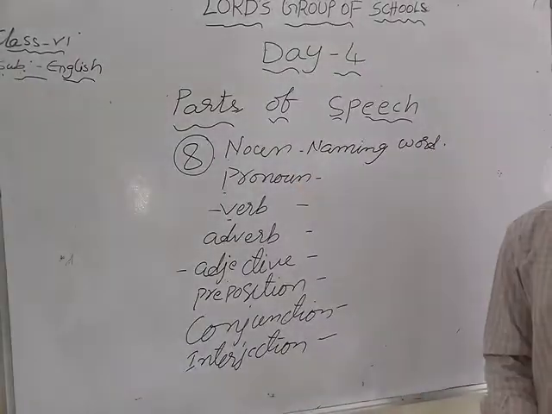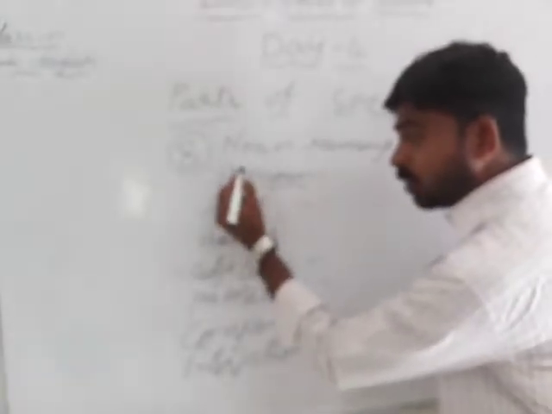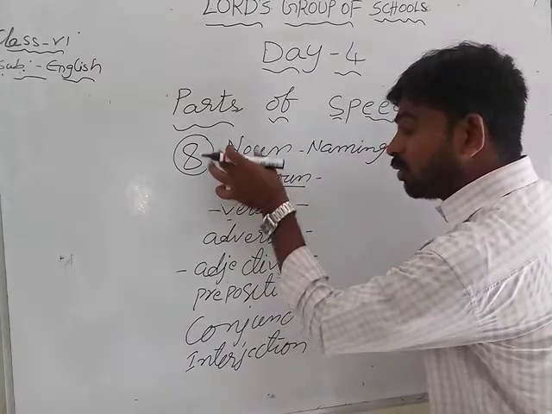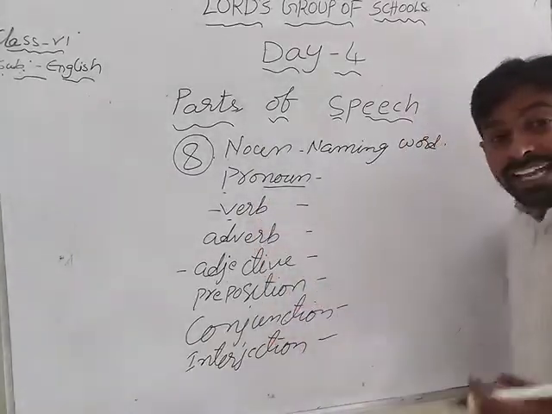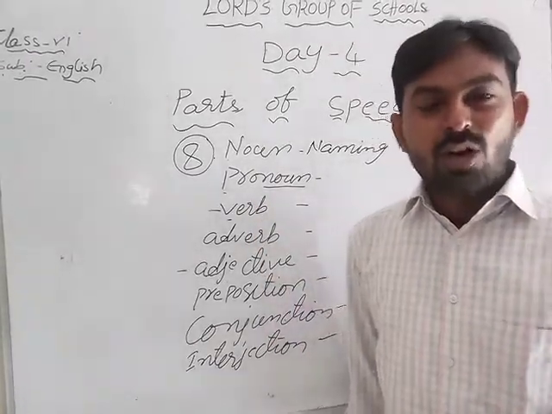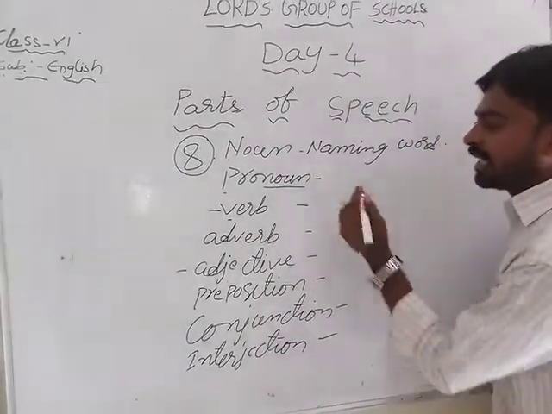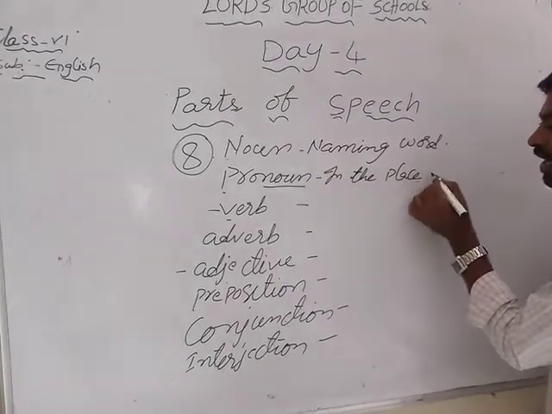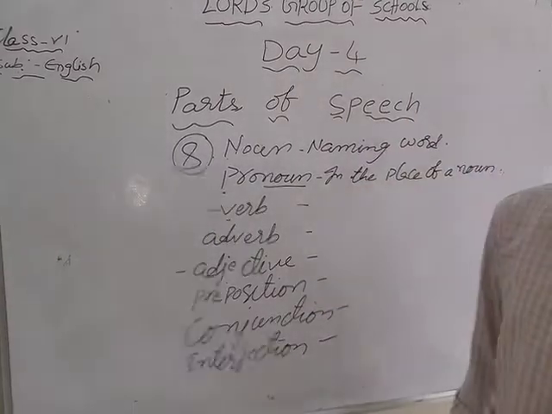Now pronoun: pro is added to noun, and the word we use in the place of a noun is called a pronoun. Instead of a noun, whatever word we use is called a pronoun.